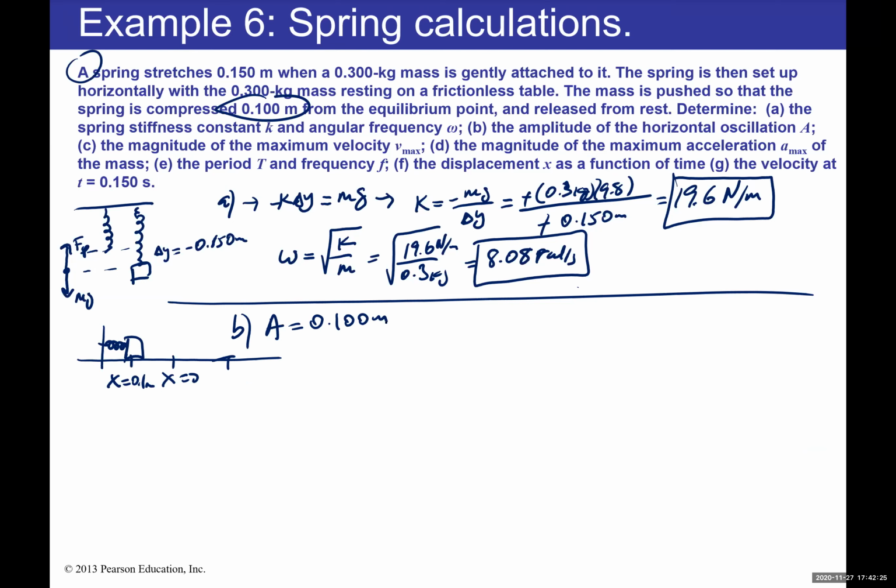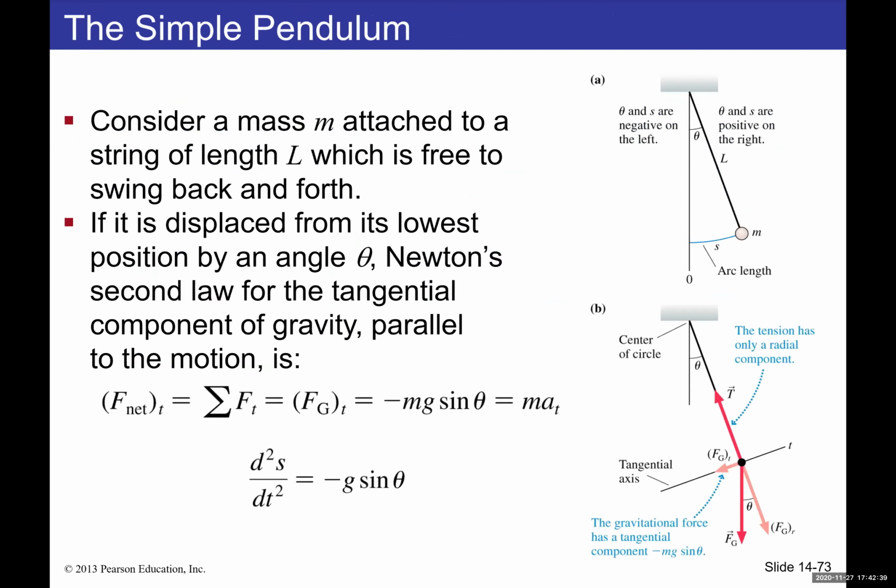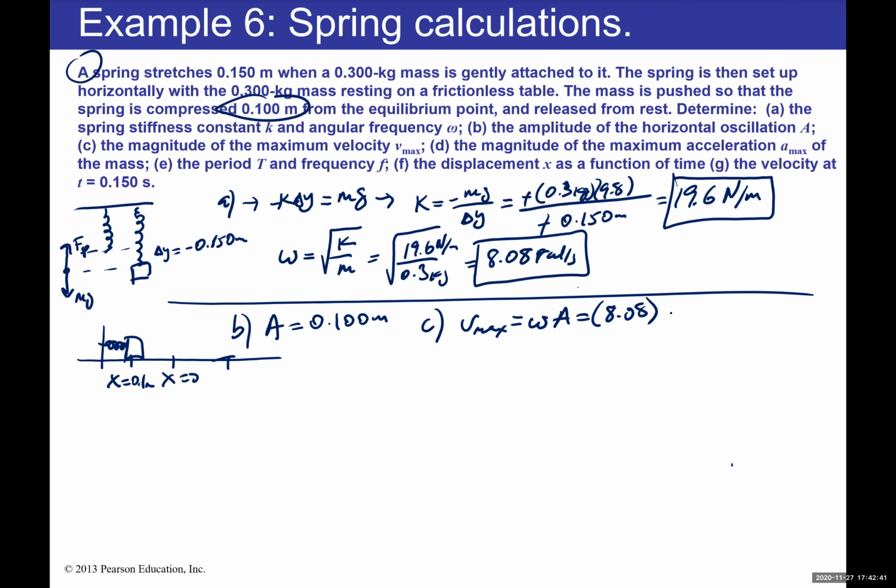That's an easy one. Part C says find the magnitude of the maximum velocity. Okay. Well, that's also easy enough because v max will be omega times A. I have omega, 8.08. I have A now, and this is 0.1.